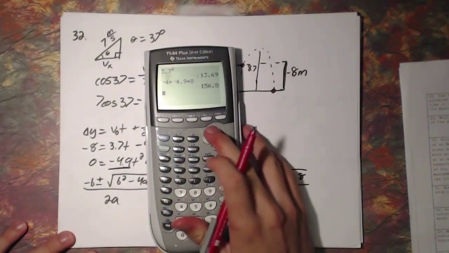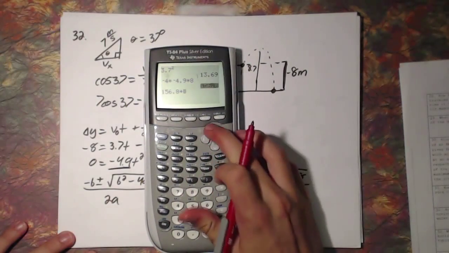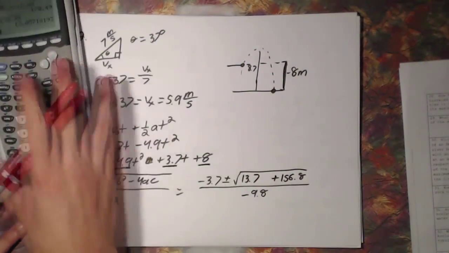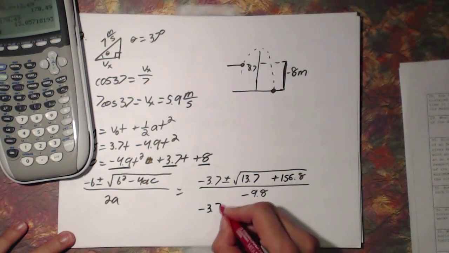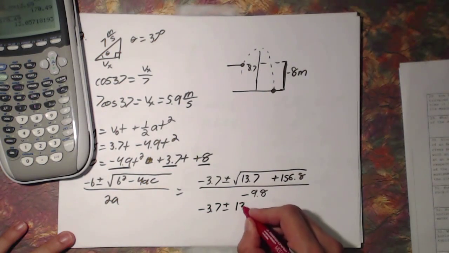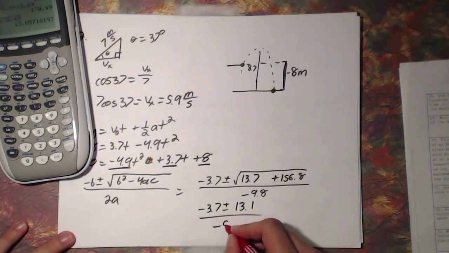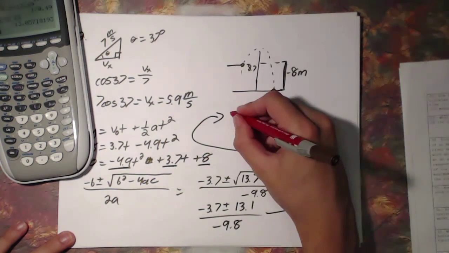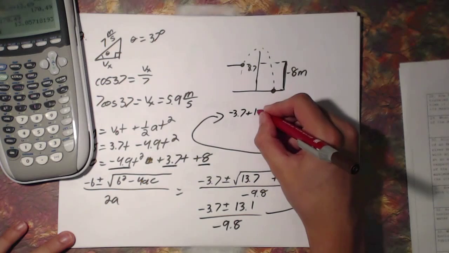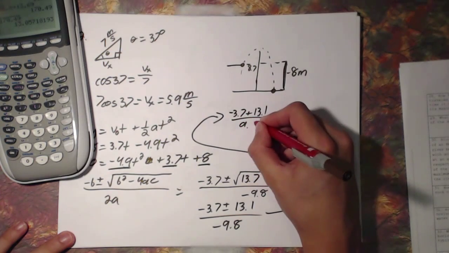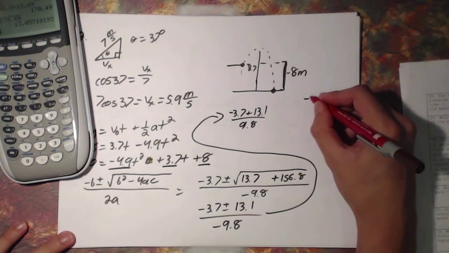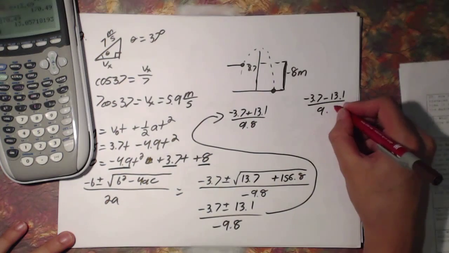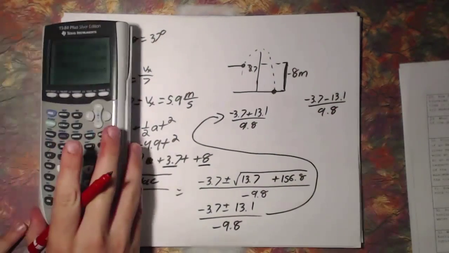Okay, so let's add these up. Take the square root. The square root is 13.1. So negative 3.7 plus or minus 13.1 over negative 9.8. So that's negative 3.7 plus 13.1 over negative 9.8, or negative 3.7 minus 13.1 over negative 9.8.